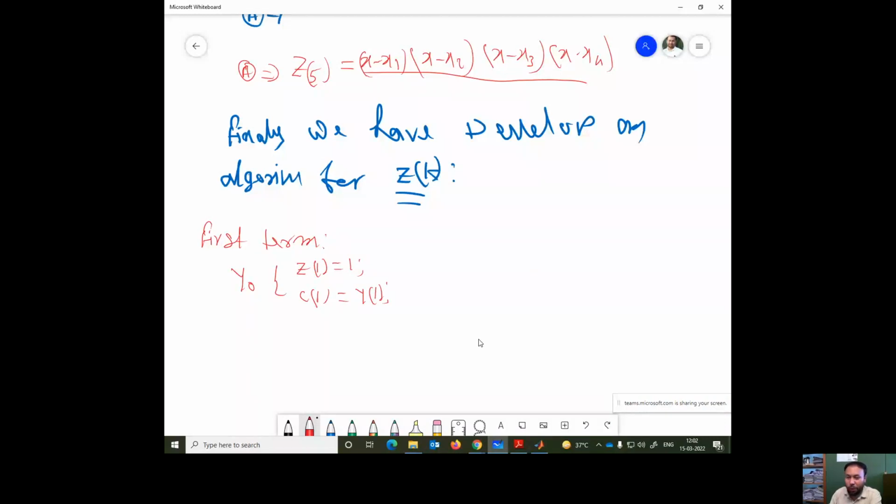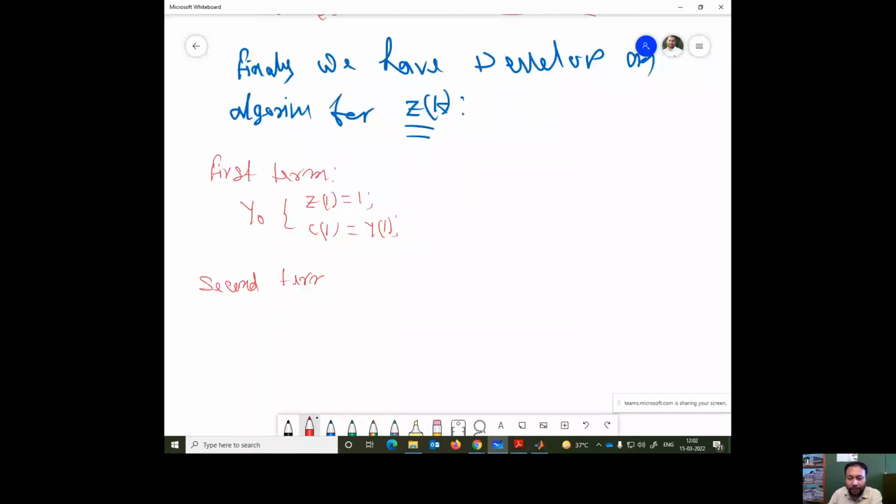For the second term onwards of the Newton divided difference interpolation formula, we have developed one algorithm. The algorithm is like this.